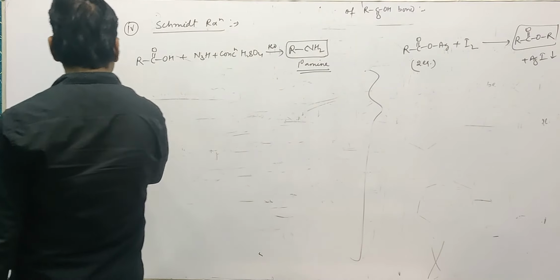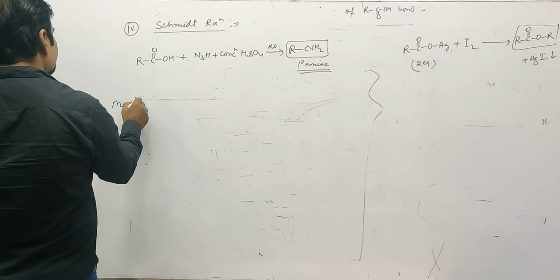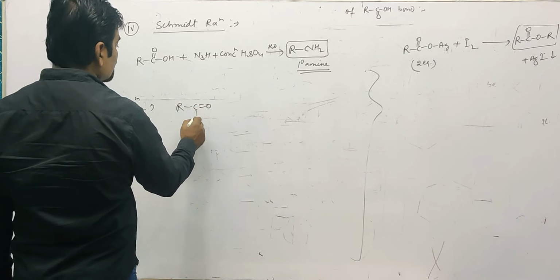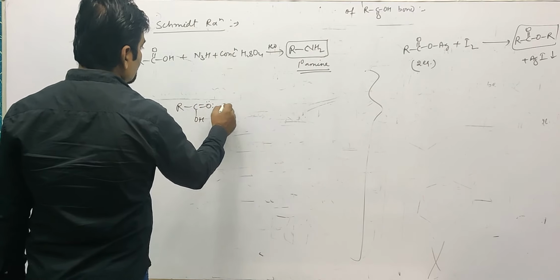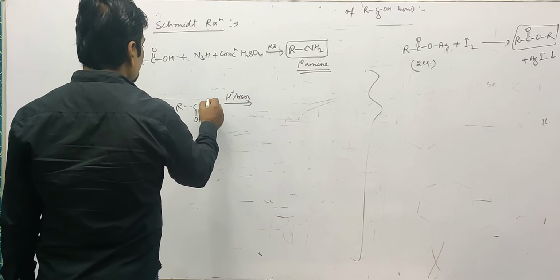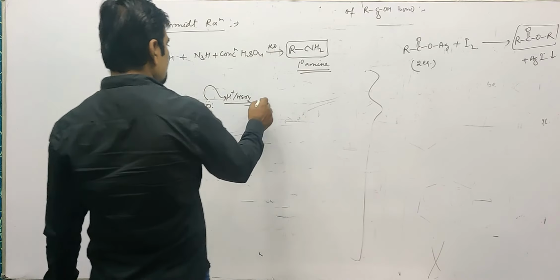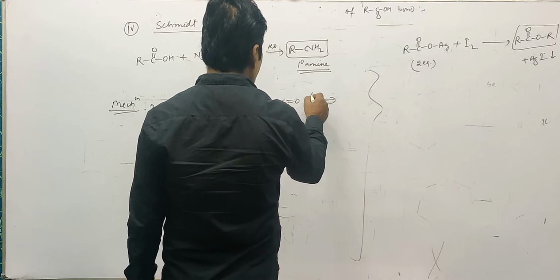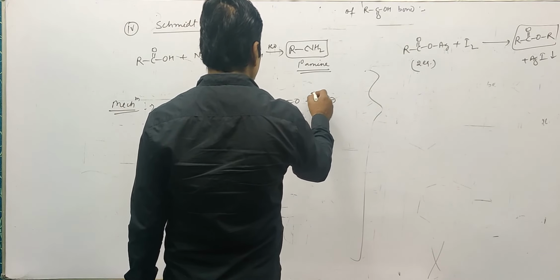So how does this reaction take place? See the mechanism first. Over here, RC double bond OH undergoes protonation in presence of strong acid, H plus and HSO4 minus. Over here, hydrazoic acid N3H we are using.